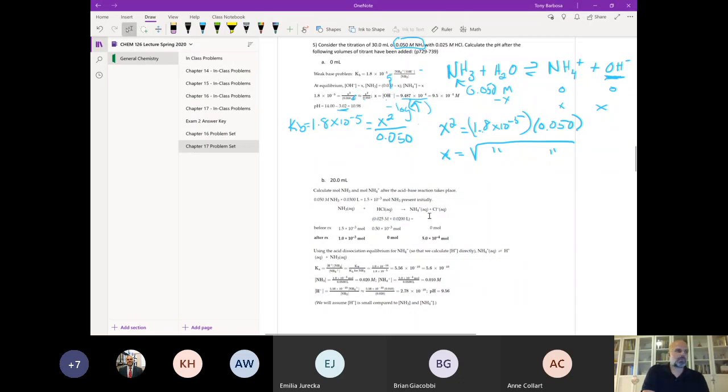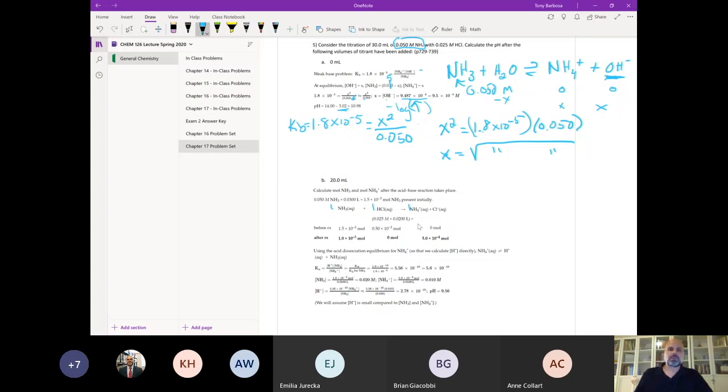Before the problem starts, we have to calculate our stoichiometry-based part first. So we convert over to moles, because we have essentially 1 mole reacting with 1 mole to give us 1 mole here.